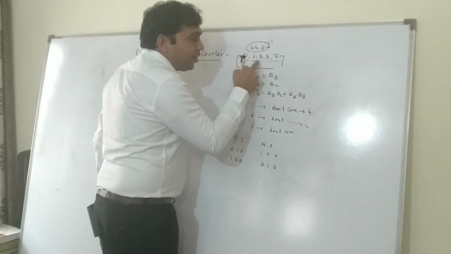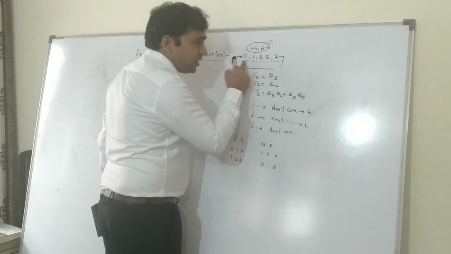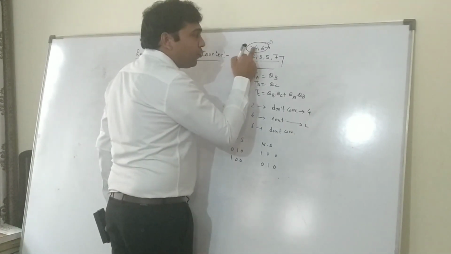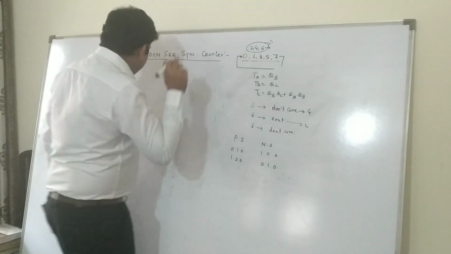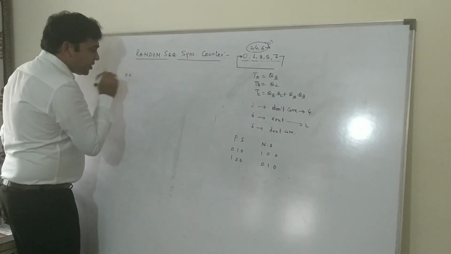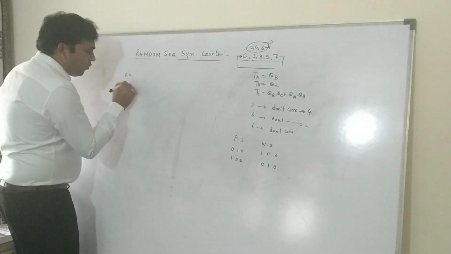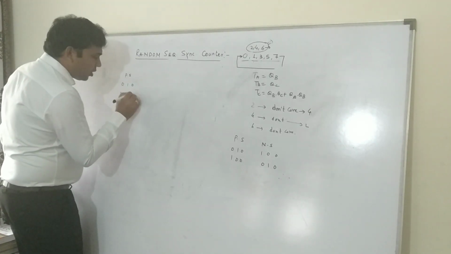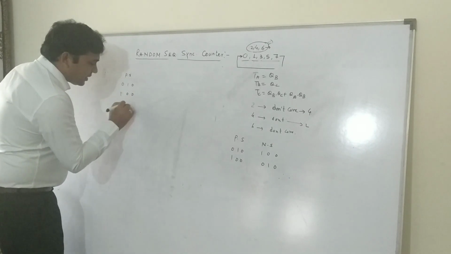So I do not need to check the lockout conditions for these 5 states. I need to check the lockout conditions for 2, 4 and 6. So let's say the present state is 2, meaning 0, 1, 0; the present state is 1, 0, 0, that is 4, and the next state is, the present state is 1, 1, 0.